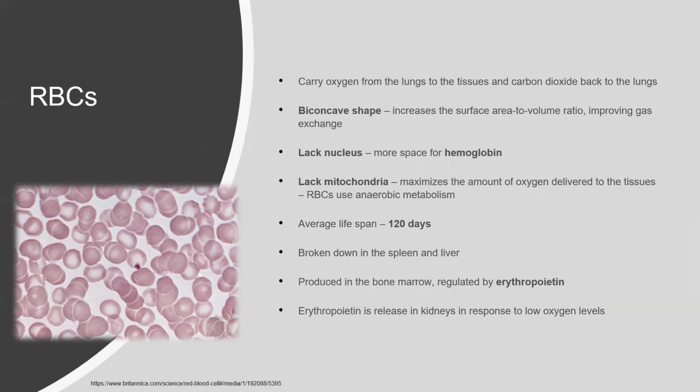Well, red blood cells, or erythrocytes, are specialized cells that circulate throughout the body and deliver oxygen to tissues, right? From the lungs to the tissues and carbon dioxide back to the lungs. In humans, red blood cells are small and biconcave.